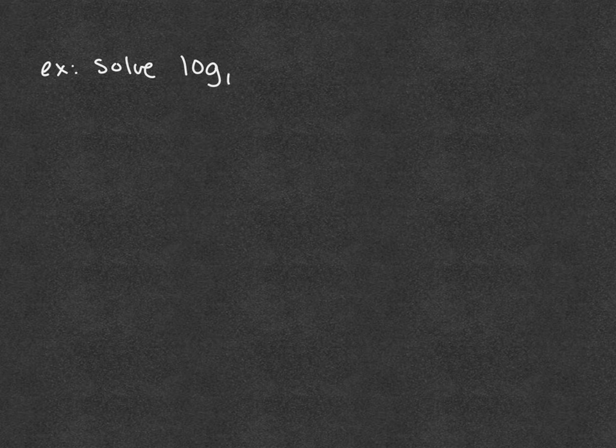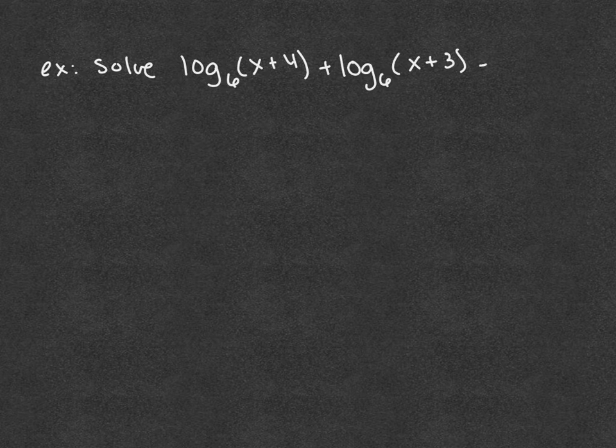So now that we have our logarithm properties, we can use methods 1 and 2 on more complicated looking problems. For example, suppose we're asked to solve log to the base 6 of x plus 4 plus log to the base 6 of x plus 3 equals 1.